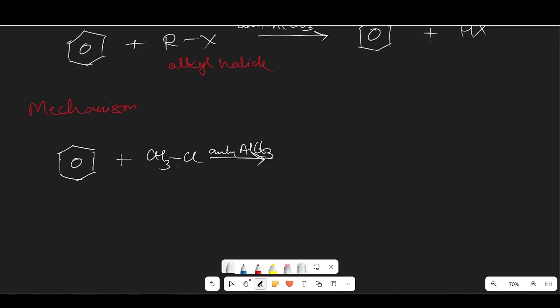The reason we use this aluminium chloride is to perform a heterolytic fission here. We want a carbocation to be formed.